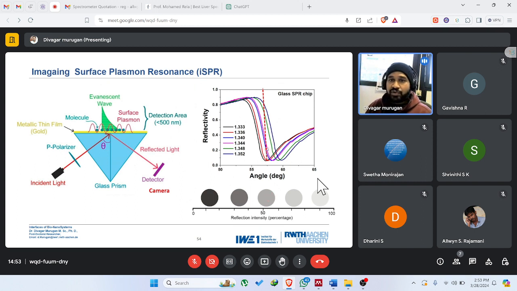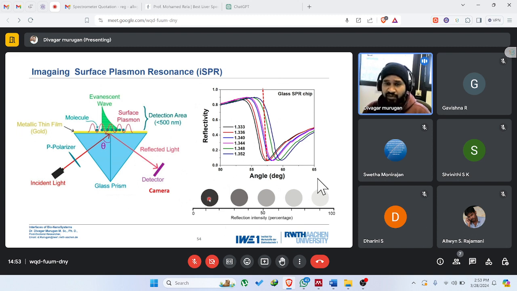This is how, when you increase the refractive index and then measure the contrast, your contrast is going to increase over time, and at some point you are going to get a brighter surface where all your light is reflecting, like here almost all your light is reflecting, and it is no more dark. So this is how you can create a local refractive index change and then measure the contrast that this refractive index change is creating.